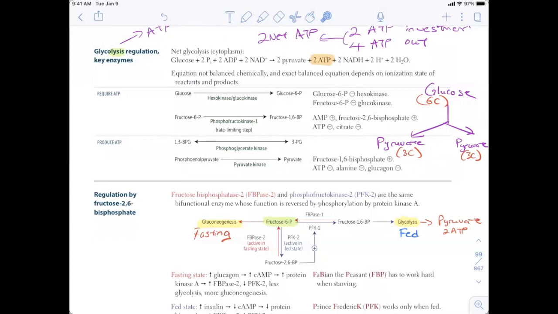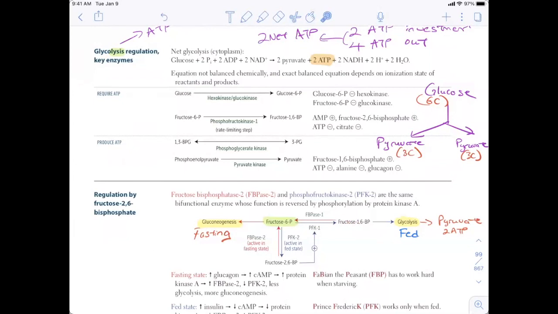So what that tells you is that anything that favors PFK1 or activates your PFK1 is going to help you with glycolysis, okay?